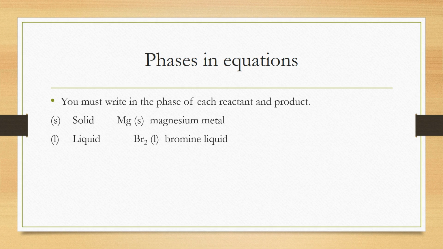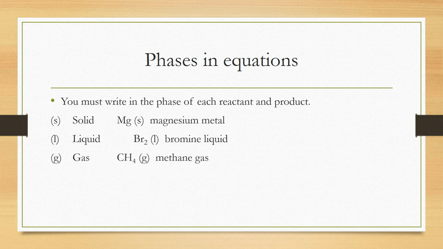Liquids, you're going to have very few things that are liquids. Most of the time, there's one diatomic that's a liquid, and that's bromine. But most of the time, the only other thing that we're ever going to really mark as a liquid is probably water. So don't get too hung up on liquids.